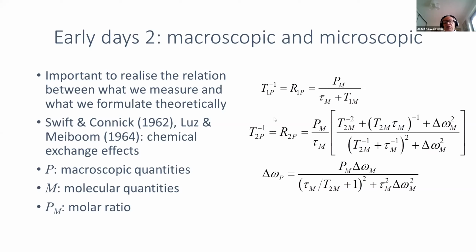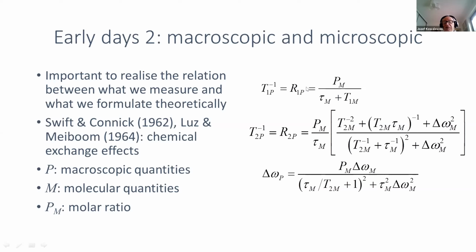It's rather simple for T1, where the measured T1 in the paramagnetic system is given by this expression, where we have the molar ratio of the bound and free solvent, and in the denominator we have the sum of the relaxation time in the complex and the exchange lifetime.